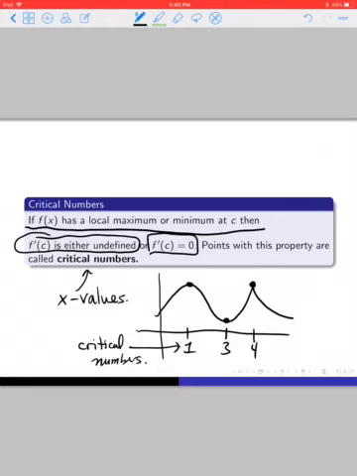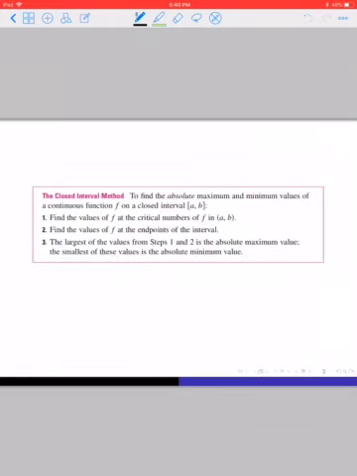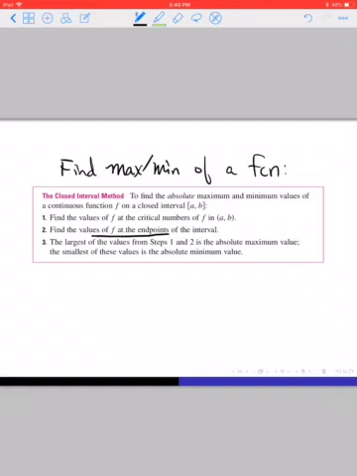And so finally, let's put it all together. If we want to find the max or the min of a function, well, we agreed that it either has to happen at the endpoints. So step 2 says find the values of the endpoints on the interval, or it could happen in the middle.